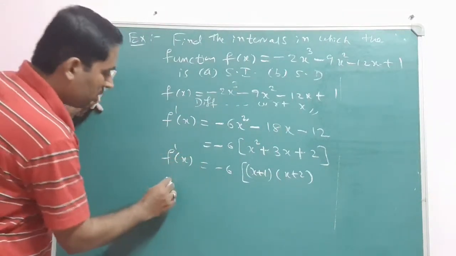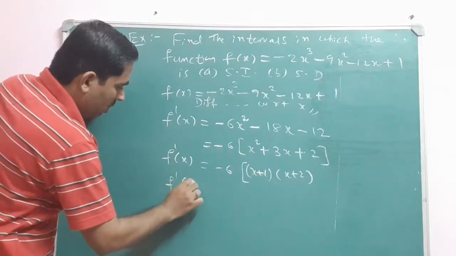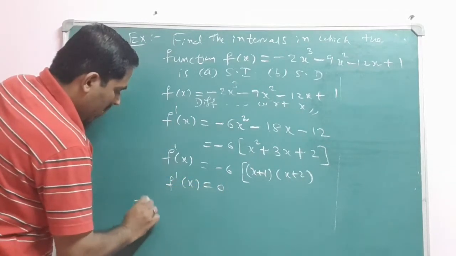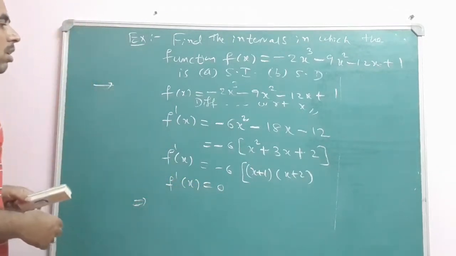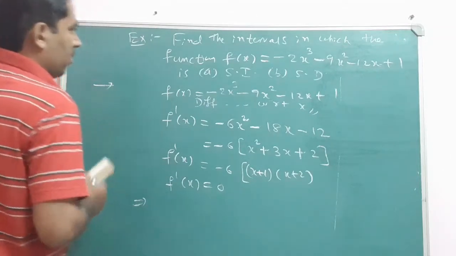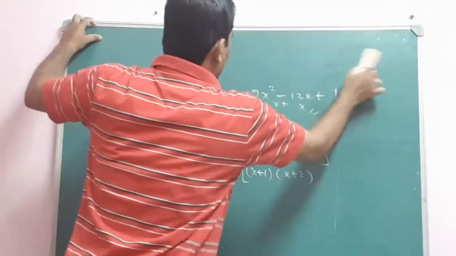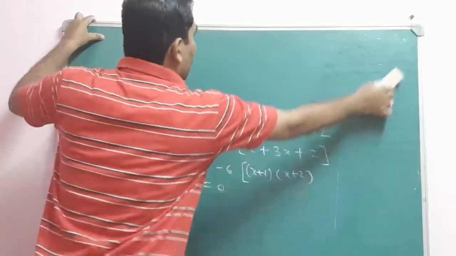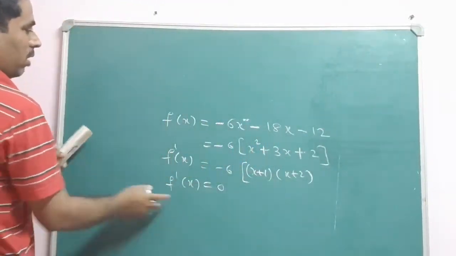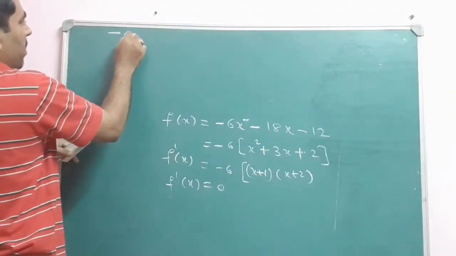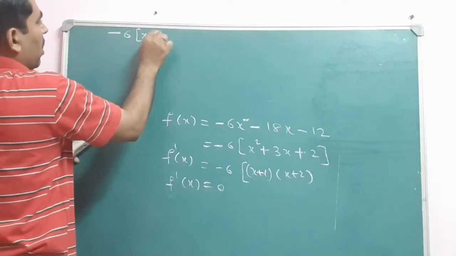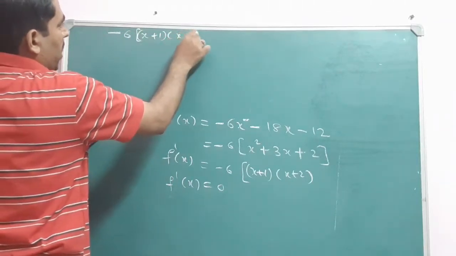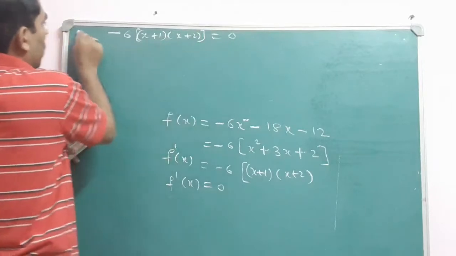Now, as usual, equate f dash x to 0 and find out the points. So that means minus 6 into x plus 1 into x plus 2 is equal to 0.